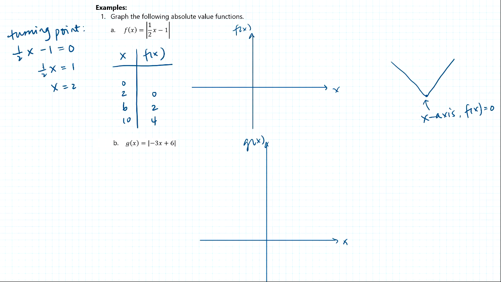If we pick 0, we would have the absolute value of -1, which turns out to be +1. Then if we pick the next value, we can do -2, for example. Half of that will be -1, minus 1 is -2, so the absolute value of -2 will be +2.